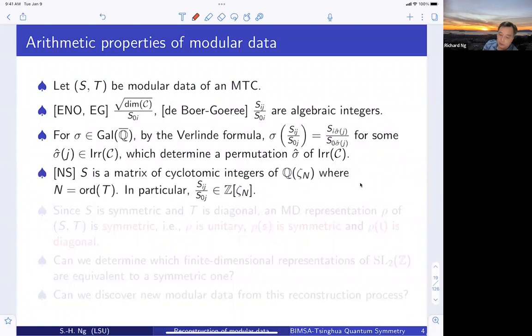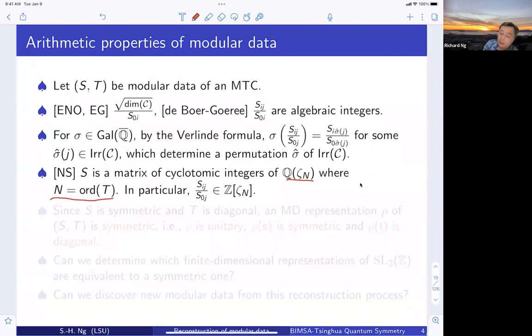Now, this is actually an important result for implementation, or also to deduce whether a representation of SL2C is realizable. Before, we did not know where the algebraic integers lie, but now we know, by a result due to myself and Schoenberg, that the S matrix is always a cyclotomic integer in this cyclotomic field, where n is the order of the T matrix.